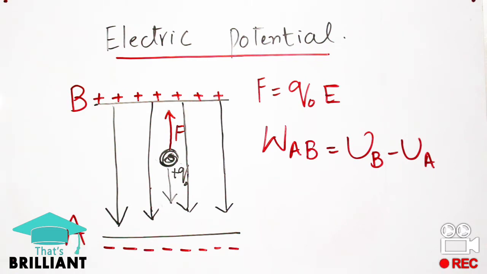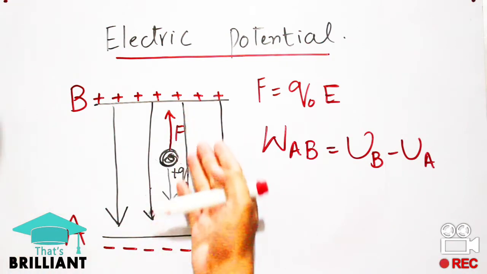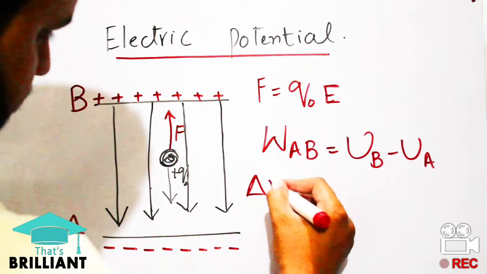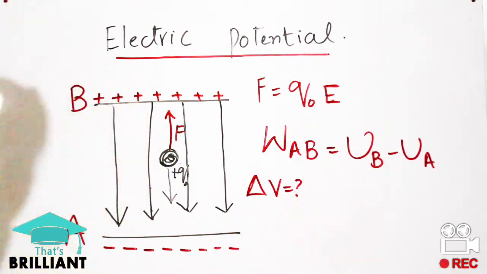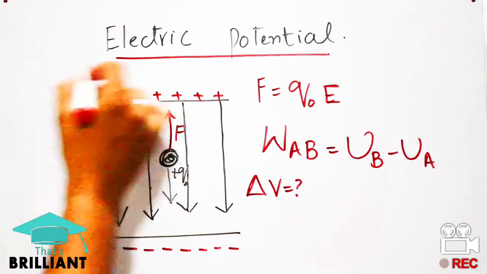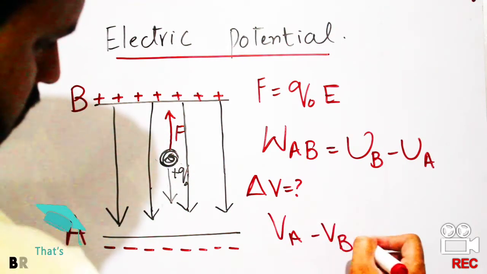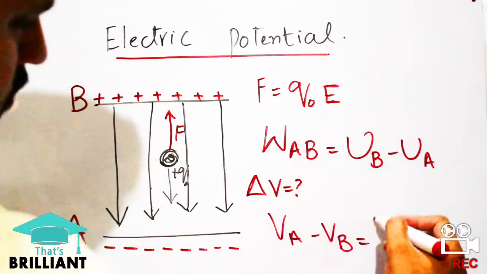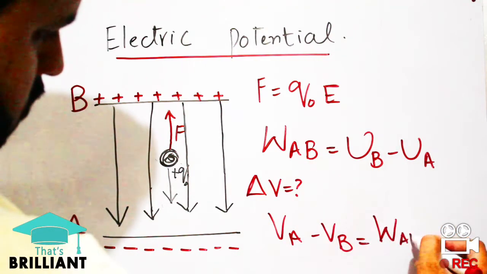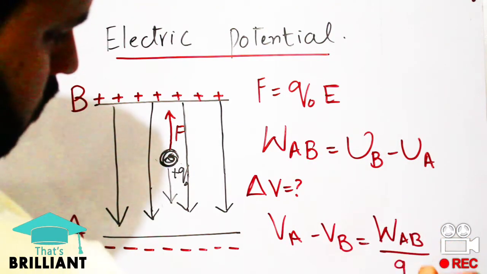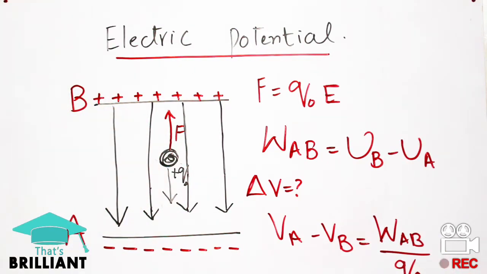In order to further understand, this work done is against the kinetic energy, and will be in the form of stored potential energy of that point charge. So delta V should be VB minus VA. So the change of potential VA minus VB will be in the form of work done on a unit positive charge or point charge.